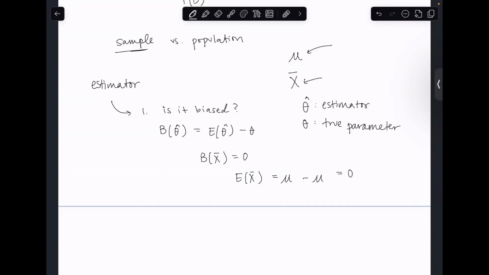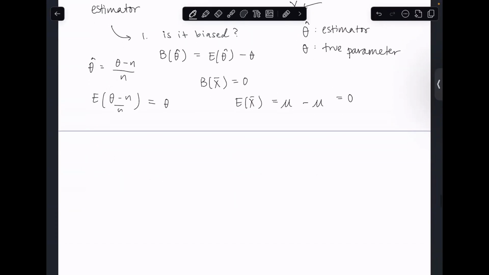If I find the expected value of some other estimator, say theta hat equals theta minus N over N or something, I don't know if this is biased or not. We could look, but we won't because we don't have a lot of time. If it were unbiased, the expectation would have to equal theta. And if it doesn't, then that difference is the bias, right? So that's one thing we can do: is it biased?